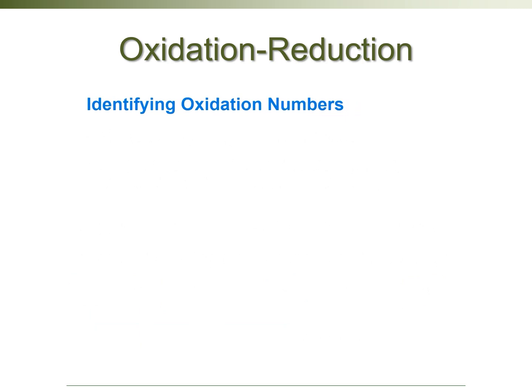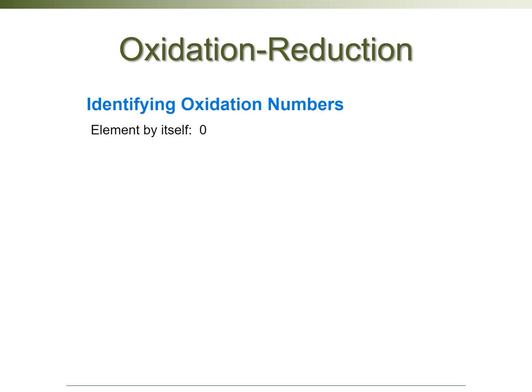So how did I come up with those numbers? Well, I'm sure there's a very wordy explanation in the book. I've come up with a chart that I think is pretty simple to utilize, and here it is. So first thing, if you have an element by itself, the oxidation number is 0. If you have an element by itself, it's typically in its ground state. So it's not going to be at a loss for electrons, nor has it gained any.